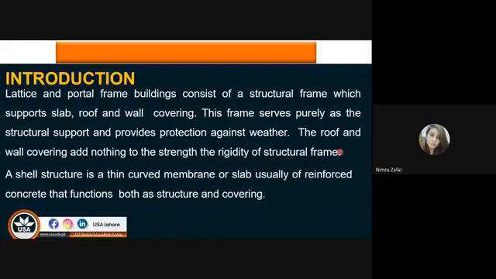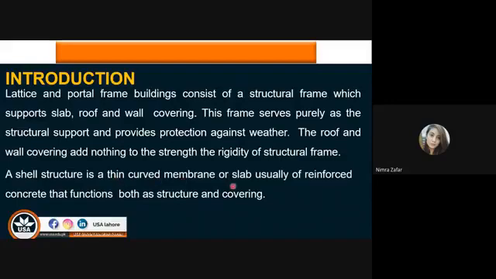So, if we talk about a shell structure, it is a thin curved membrane. Basically, it is in the curved shape, bended or in the curved shape. It is usually of reinforced concrete. Reinforced concrete means that it is of concrete and there is reinforcement of the steel bars provided inside it to increase its strength.